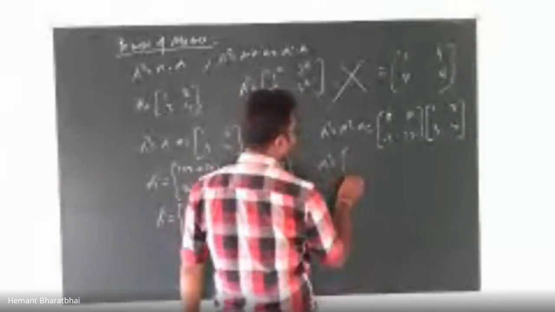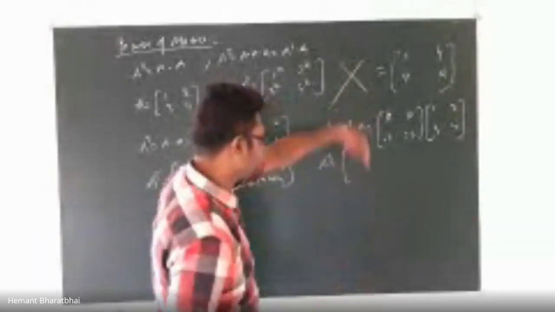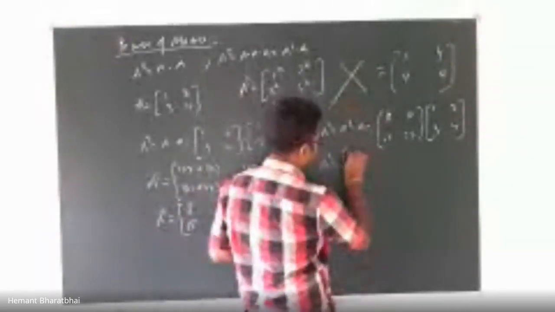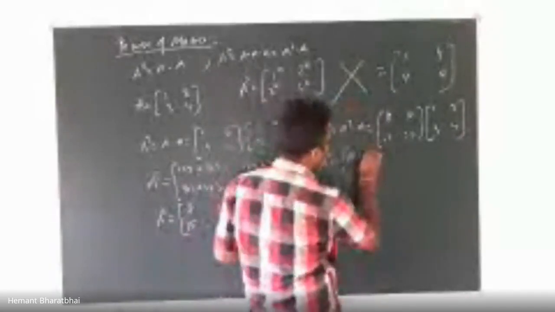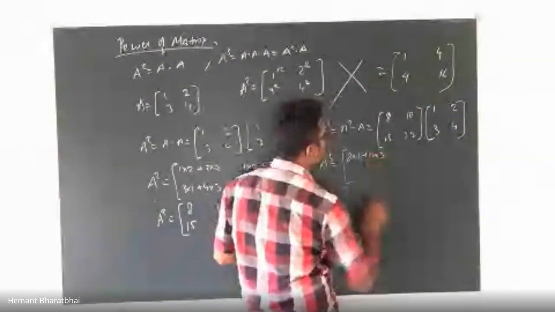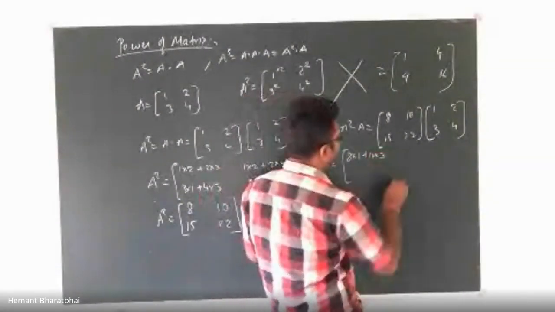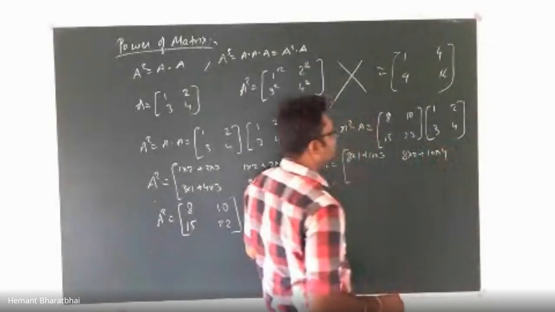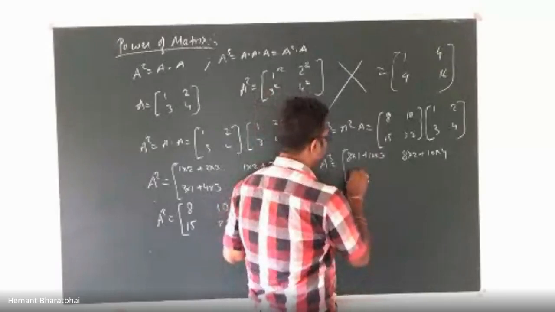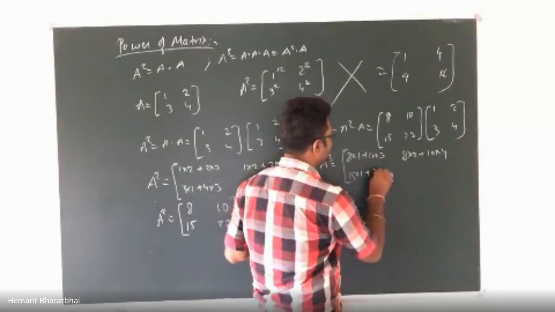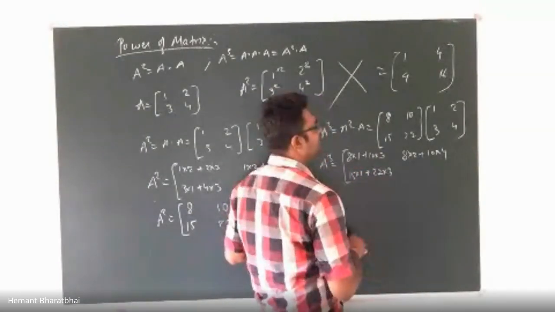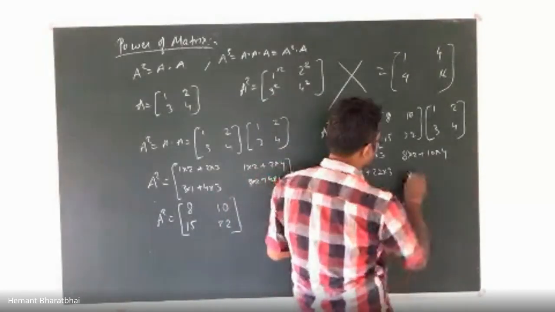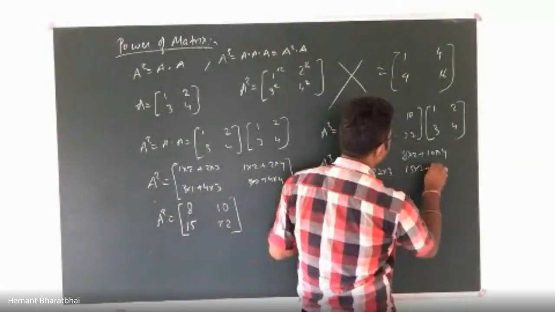So I get A cubed is equal to first row into first column, so 8 into 1 plus 10 into 3. First row into second column, 8 into 2 plus 10 into 4. Then second row into first column, so 15 into 1 plus 22 into 3. Then second row into second column, so 15 into 2 plus 22 into 4.